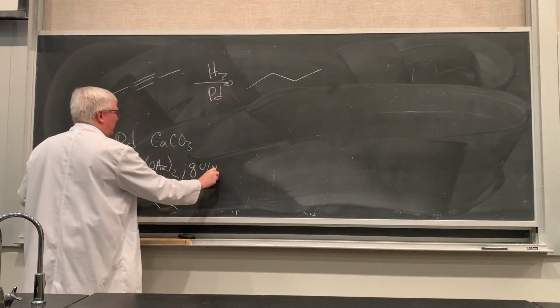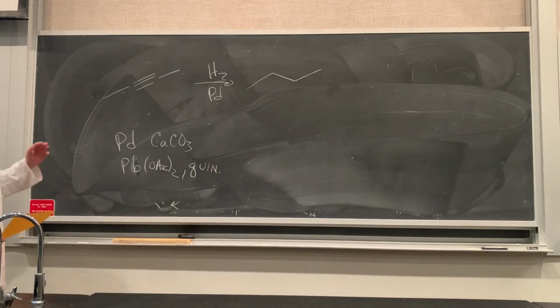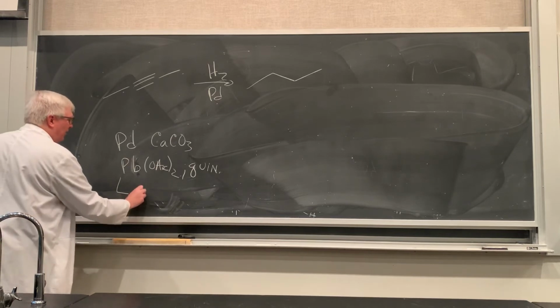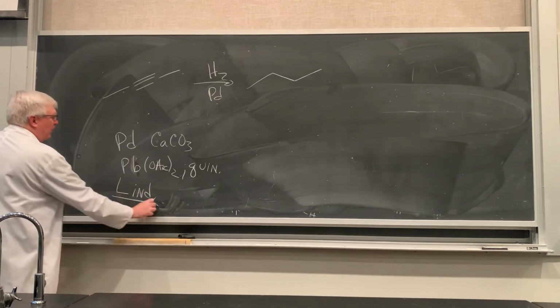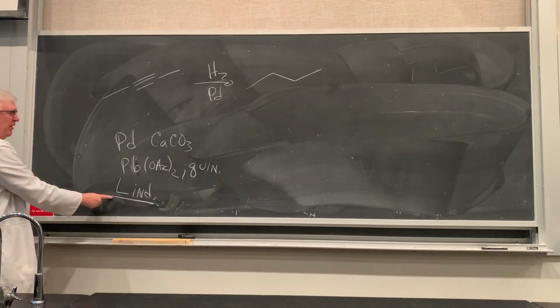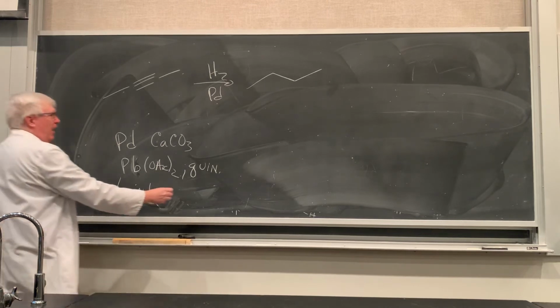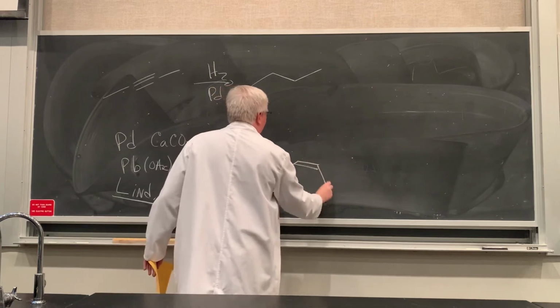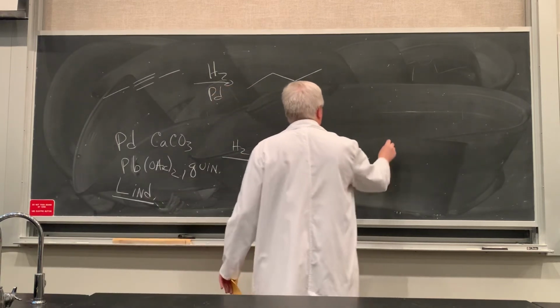That's what your book is showing, and that's a lot to write out every time. We're not going to deal with that. If you just say Lindlar, palladium, and then just show Lindlar, so just the palladium and Lindlar, with the hydrogen, you have to have the hydrogen here. You'll stop at the cis alkene, okay?